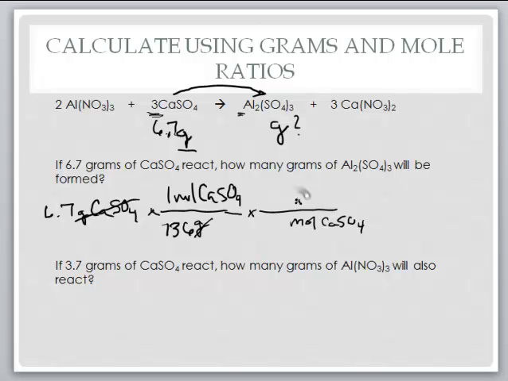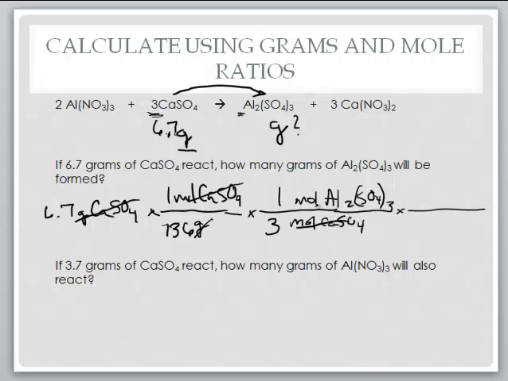And then we're trying to convert to moles of aluminum sulfate. The numbers that go with the conversion are the numbers from the balanced equation. So we're going to put a 3 in front of our calcium sulfate and a 1 in front of our aluminum sulfate. That way those moles will cancel, and now we have moles of aluminum sulfate. Let me finish my line there.